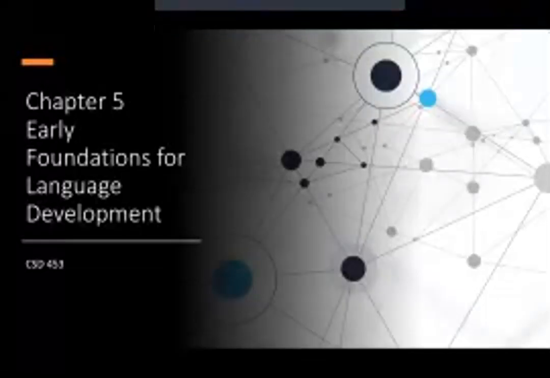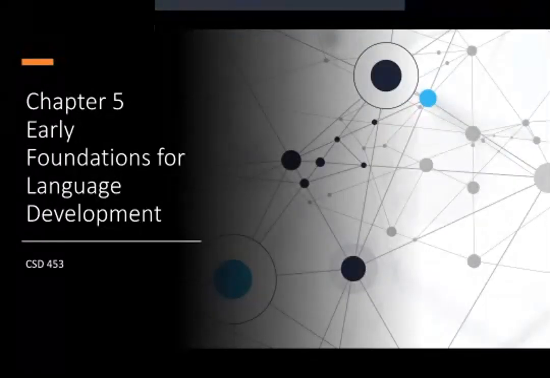Okay, y'all, here we go. We're gonna start working through chapter 5, which is infancy. This is actually the second section of the chapter that starts with talking about the early foundations that you need for language development. So here we go.